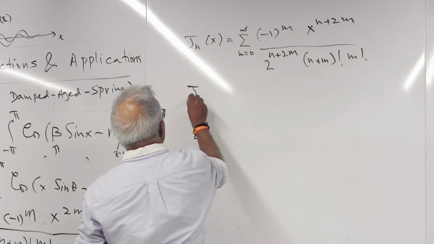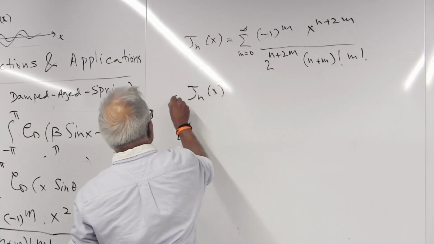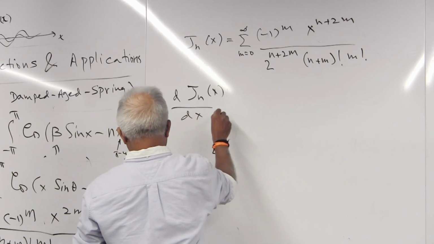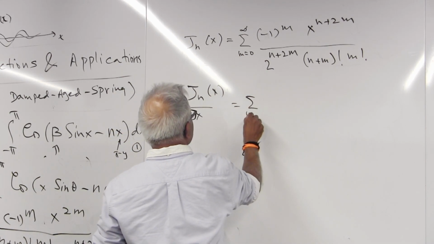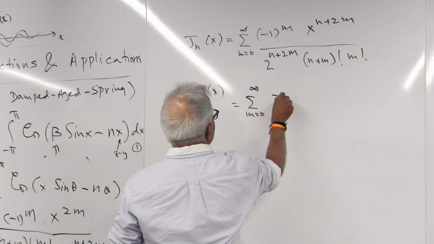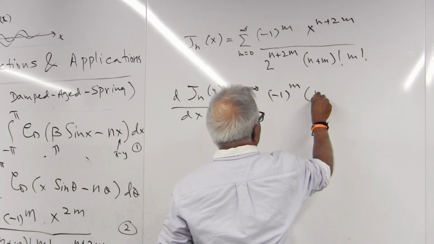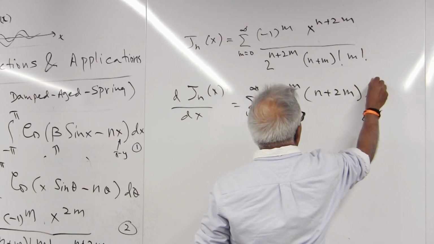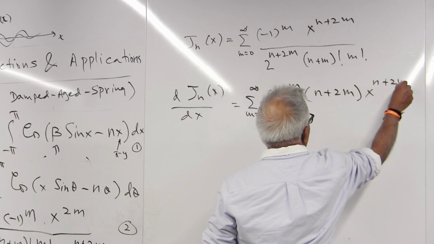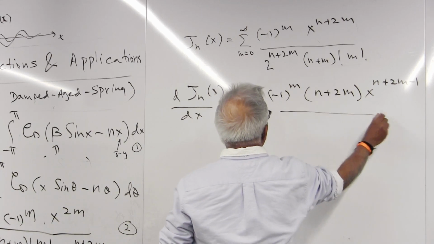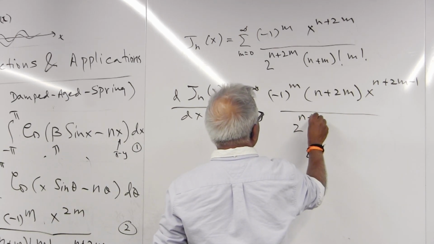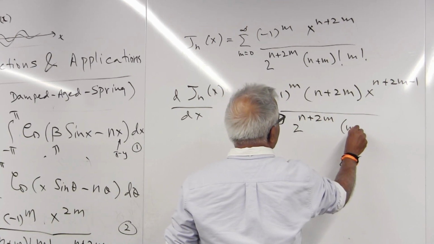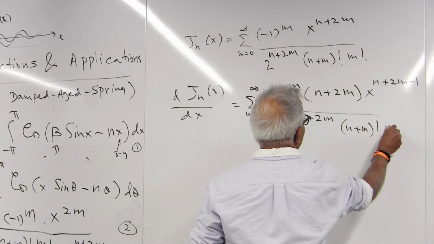And the derivative of Jn of x with respect to x gives us n plus 2m, x to the power n plus 2m minus 1 over n plus m factorial, m factorial.